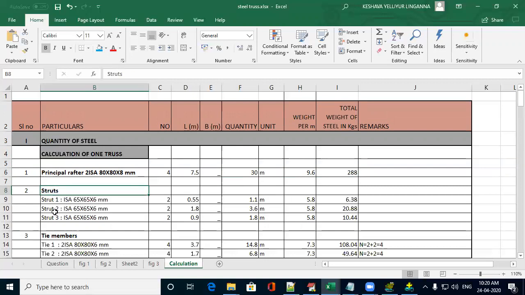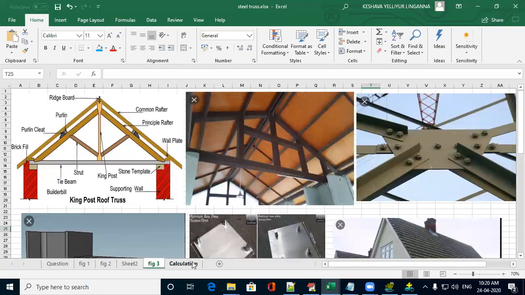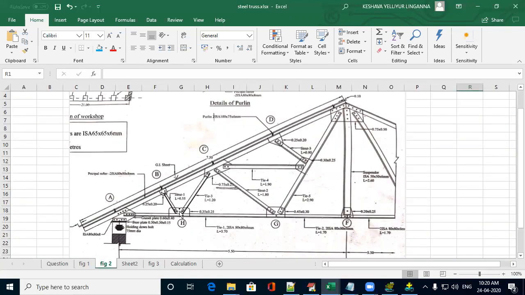Struts. You have 3 struts in the diagram. You can watch it: strut 1, 2, 3. As I said, there will be 2 of strut 1, 2 of strut 2, and 2 of strut 3. So the numbers will be 2 for everything. In the diagram, you can observe for the truss, they have not mentioned which angle is used.